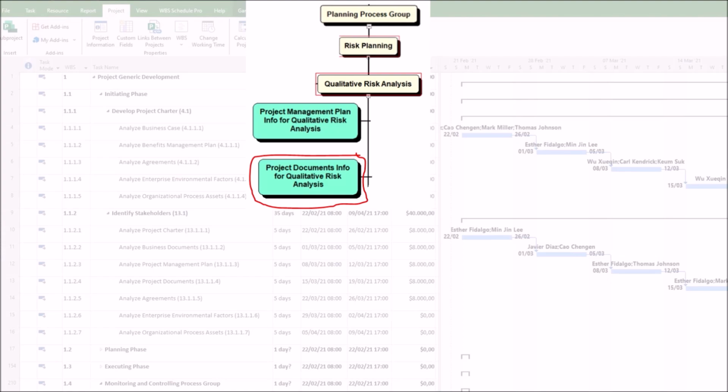The quality, currency, and completeness of the relevant project documents directly determine the validity and usefulness of the outputs of qualitative risk analysis. These documents serve as the indispensable foundation for the process.